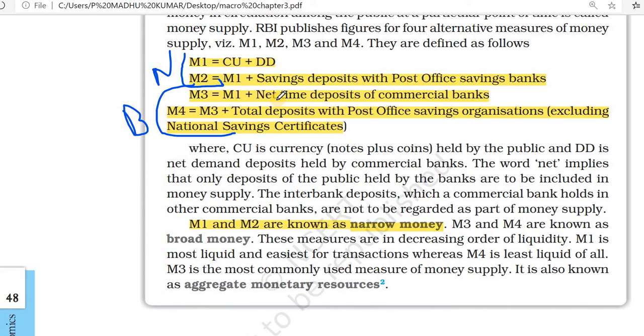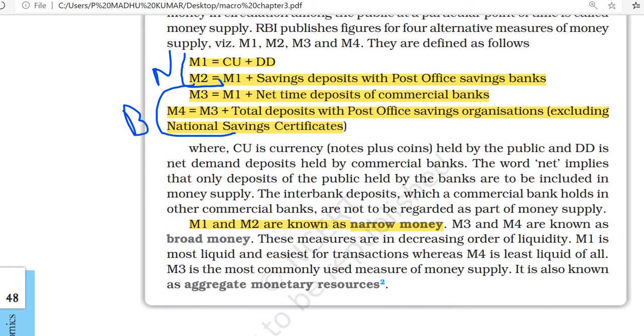M3 is the most commonly used measure of money supply. Broad money refers to money held in the form of savings and time deposits. Normally people invest for 5 or 6 years in time deposits, besides currency and demand deposit.